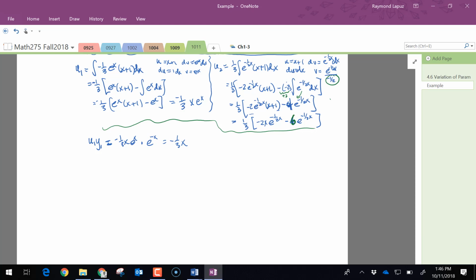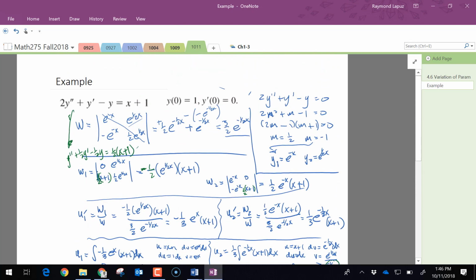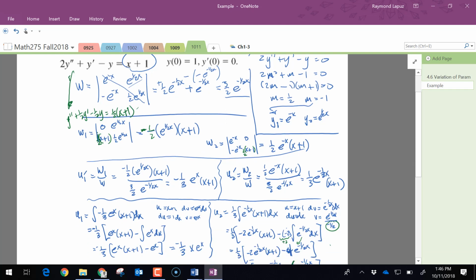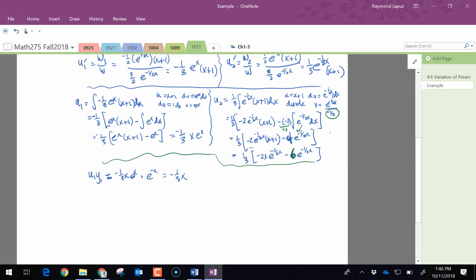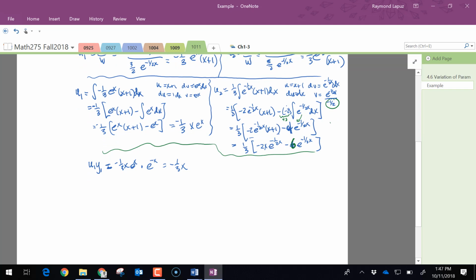And by the way, if we look ahead a little bit, because this is a polynomial, we should expect our y sub p to be a polynomial also, and a constant maybe. All right, so that's the first one.